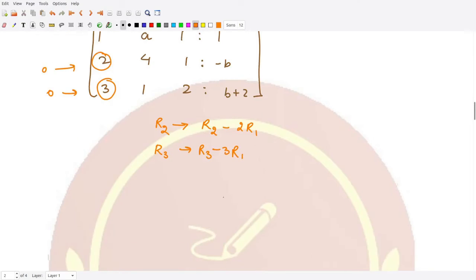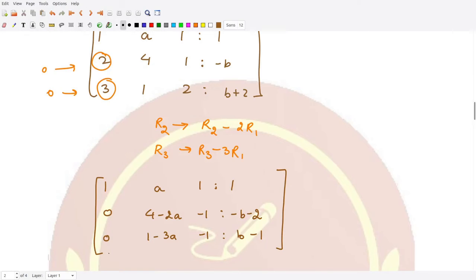The first row stays 1, A, 1 and 1. The second row is 0, 4 minus 2A, 1 minus 2 that is minus 1, and minus B minus 2. The third row is 0, 1 minus 3A, 2 minus 3 that is minus 1, and B plus 2 minus 3 that is B minus 1. This is the new matrix.